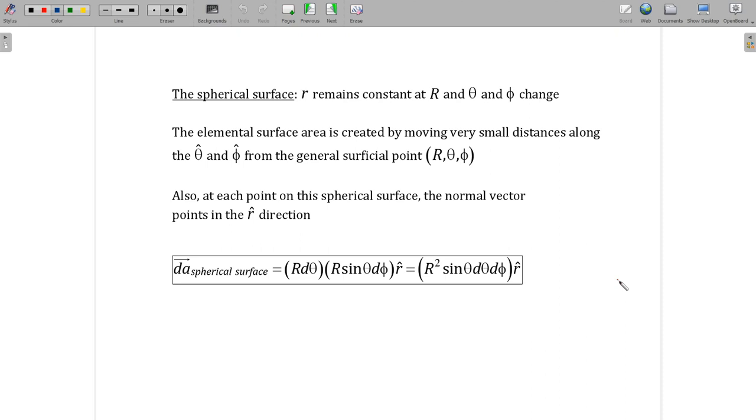Taking all those points means that for any particular value of phi, all the values of r are taken, and for any value of r, all the values of phi have been covered.